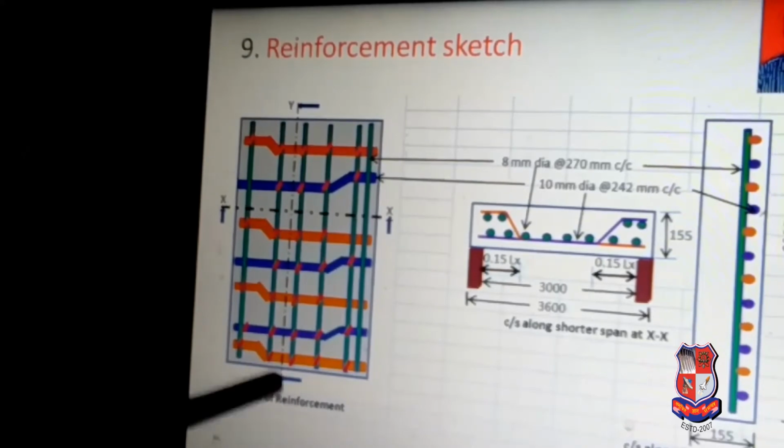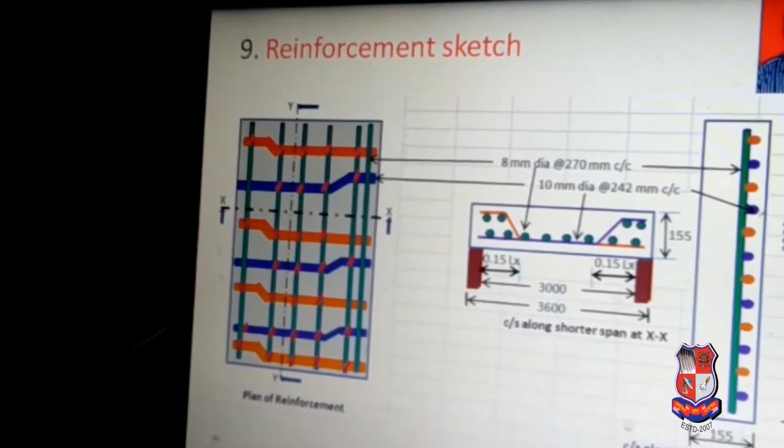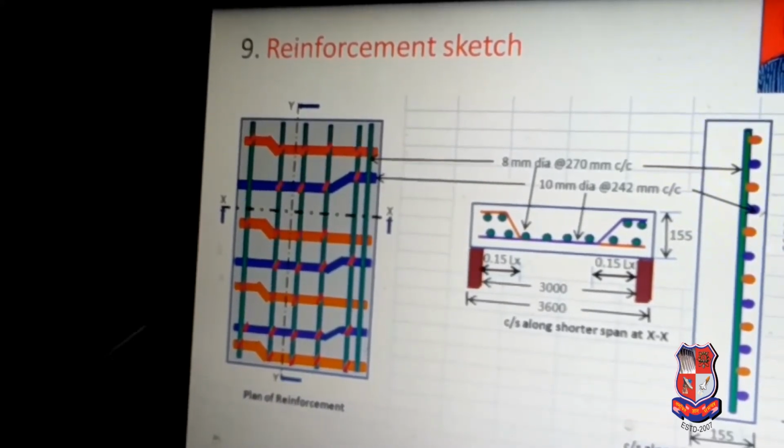So throughout the slab the bent up bars will be provided on the left support and the right support on the shorter span. Now transverse to these bars there are distribution steels all along the length Ly on the bottom of the slab as well as over the top bent up bars.